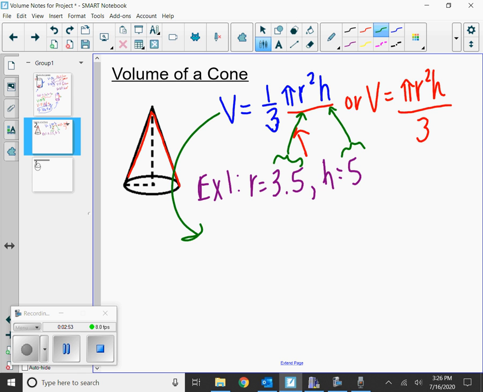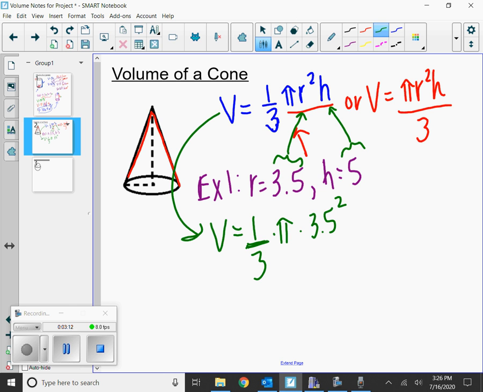I'm going to rewrite this down here where V stands for the volume that we are solving for. 1/3 is just a number, part of our formula, so we bring it on down, times pi, times r squared, which is now 3.5 squared.